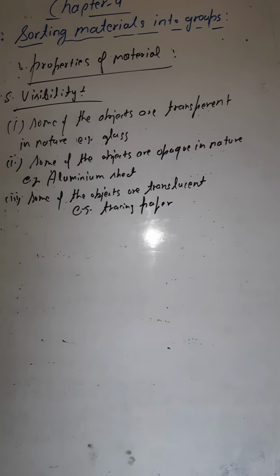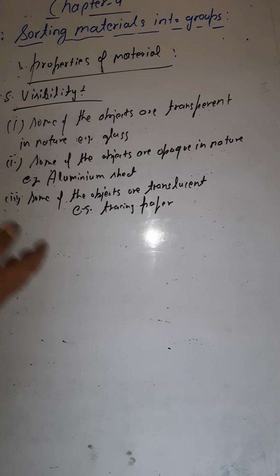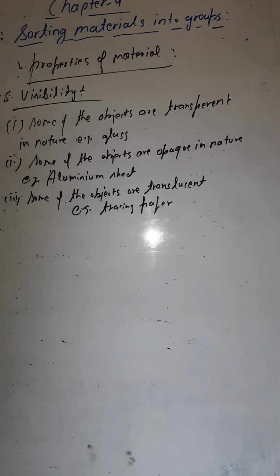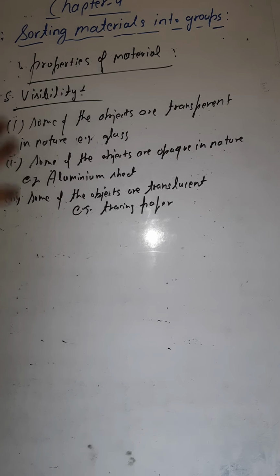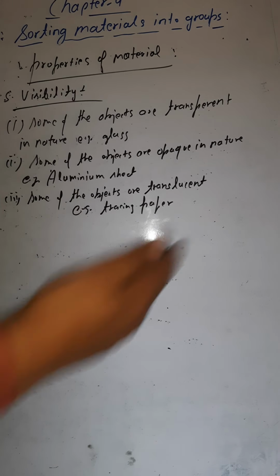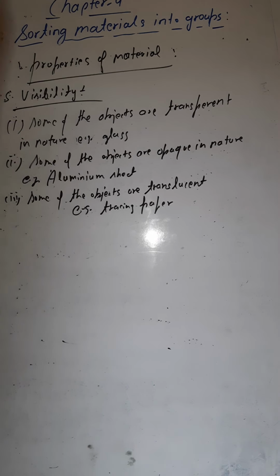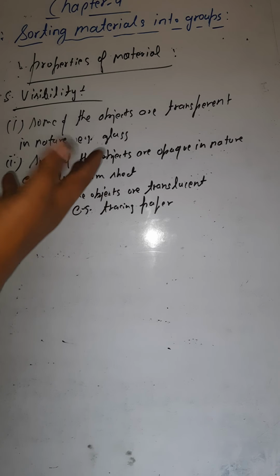One more example, we have talked about this in the previous videos: you can make a paper sheet a translucent object by applying oil over it. At that time, you would be able to see through the sheet of paper, not clearly but somehow.